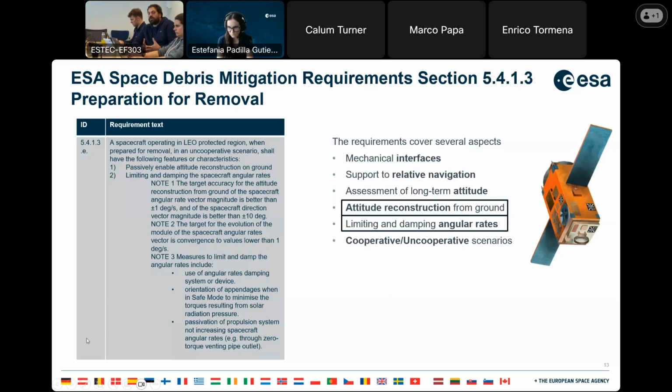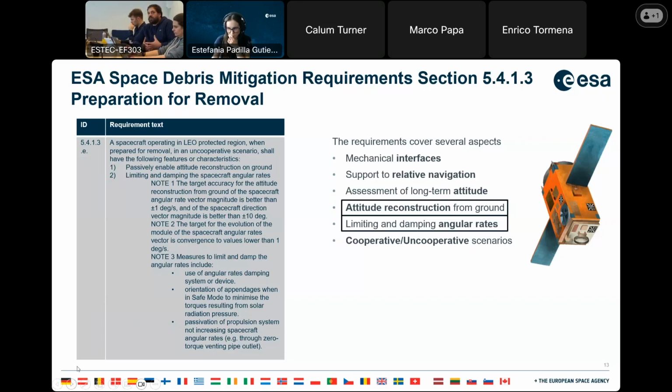Another very important point that is related, for example, to the OCS is all the part related to the orientation of the appendages when, and this requirement is highlighting a specific OCS mode, the spacecraft is in safe mode, in end-of-life condition, in order to minimize the dynamic effect that could result from the torque coming from the solar radiation pressure.